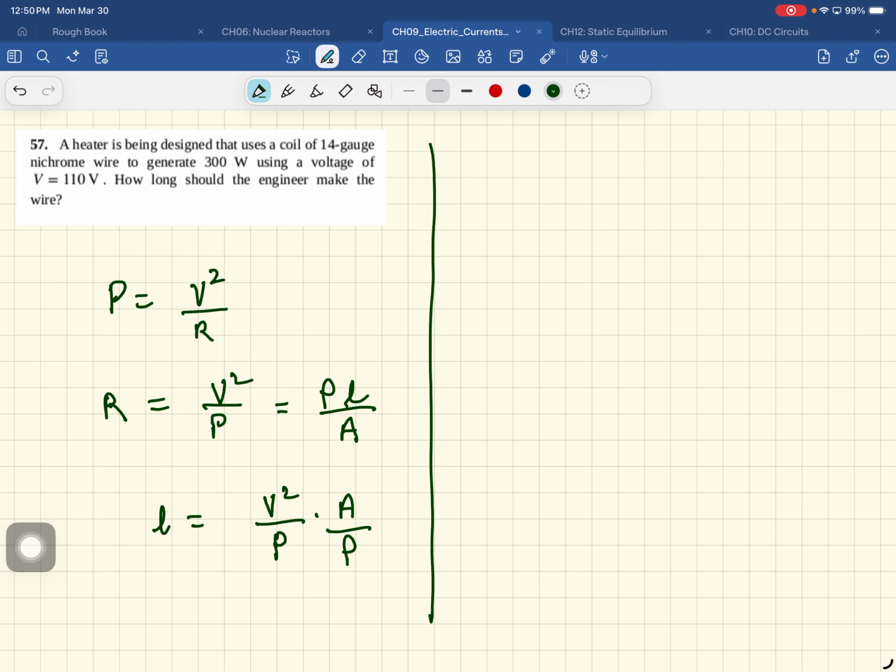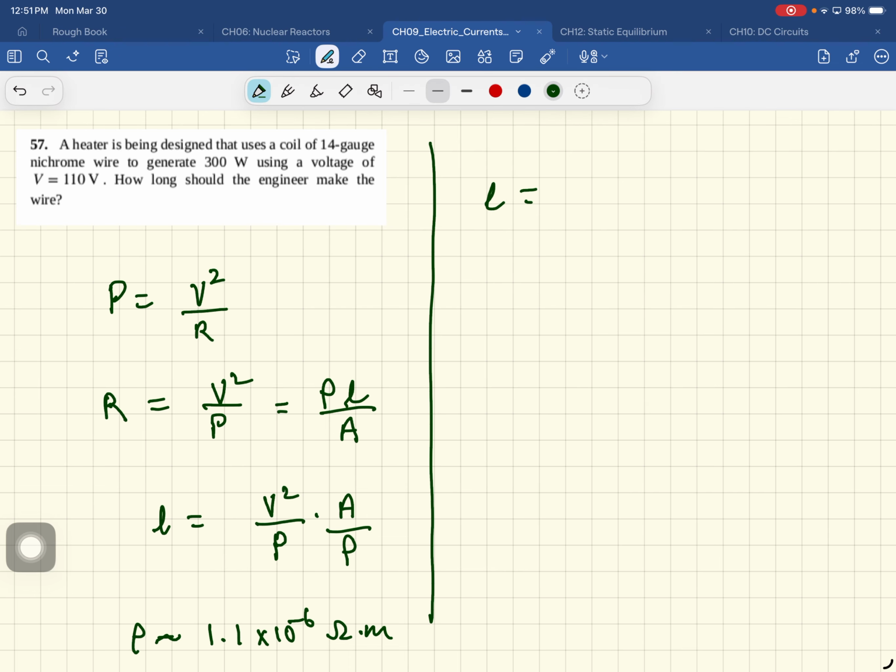Nichrome resistivity, we'll take it to be 1.1.